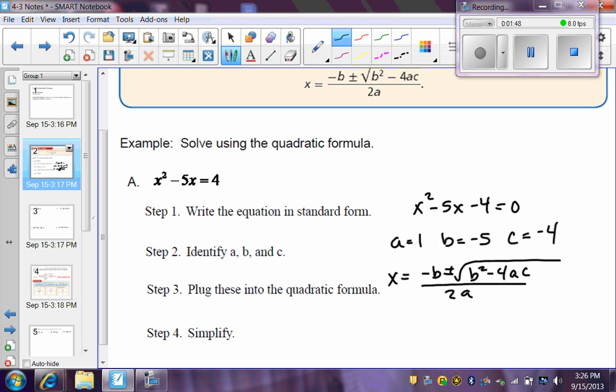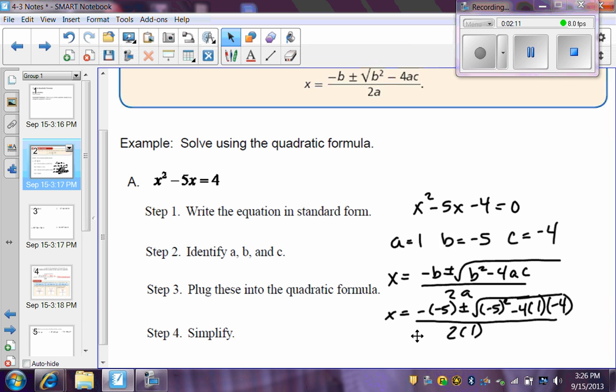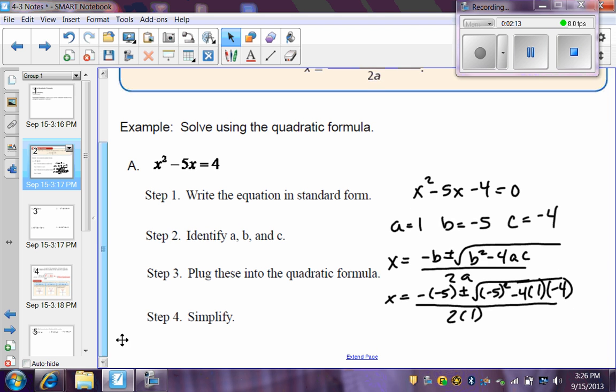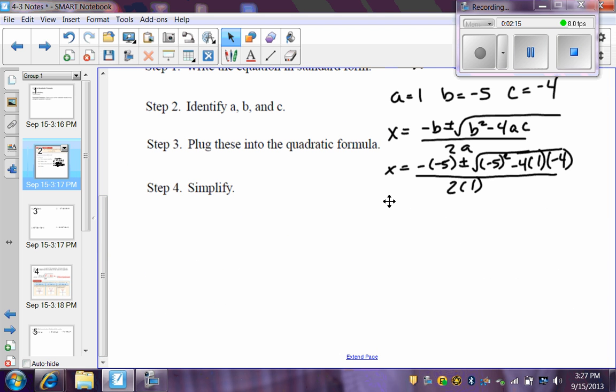So that's going to give me x equals negative 5 plus or minus the square root of negative 5 squared minus 4 times 1 times negative 4, and all of that is over 2 times 1. And then last is just to simplify as far as you can go.